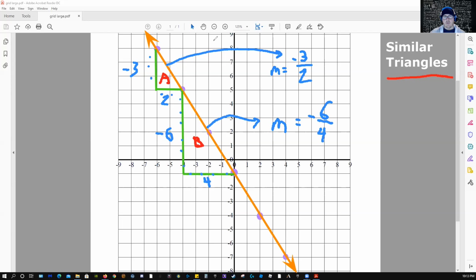So we can infer that similar triangles have the same slope.